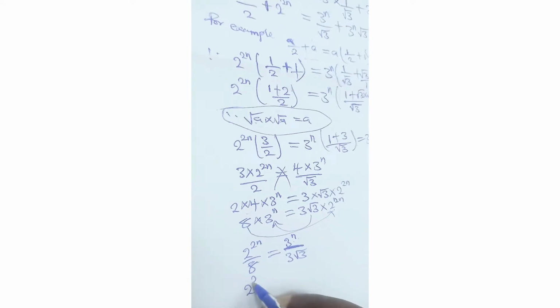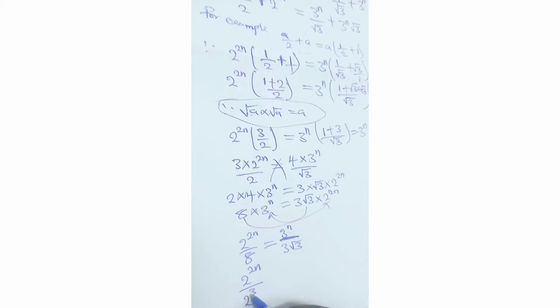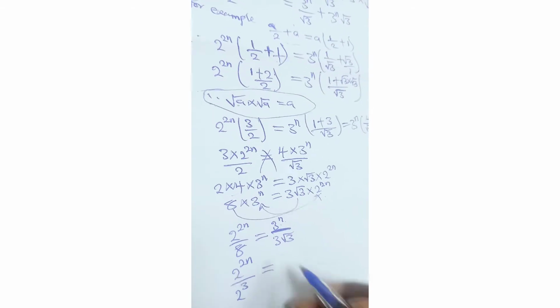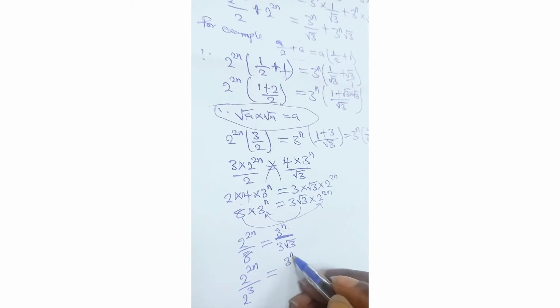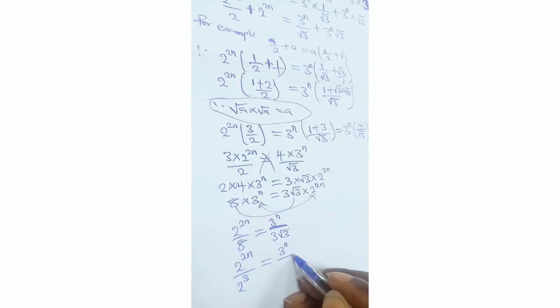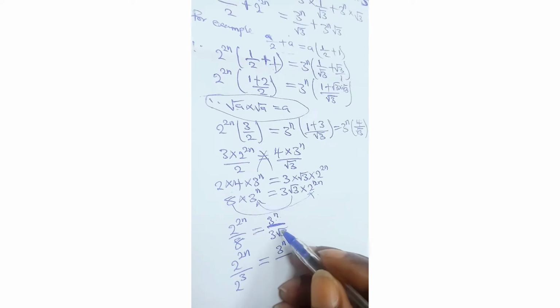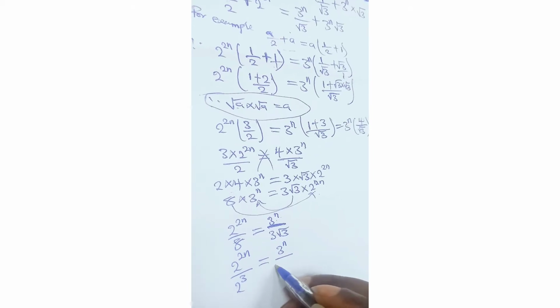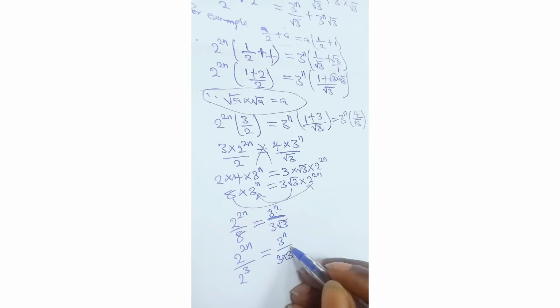Now 2 raised to power 2n over 8 can be changed to 2 raised to power 2n over 2 raised to power 3, which is equal to 3 raised to power n over, this place is the same thing as saying, let's change this back, 3 times 3 raised to power 1 over 2.